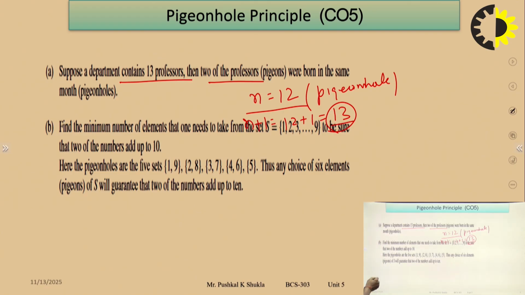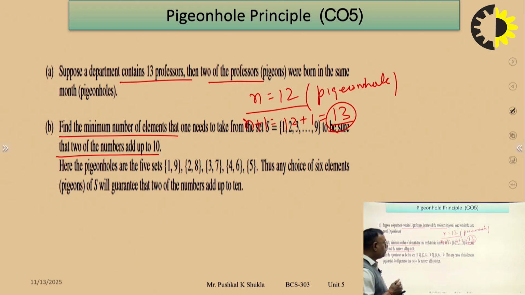Another example: find the minimum number of elements that one needs to take from the set S equal to 1, 2, 3 up to 9 to be sure that two of the numbers add up to 10. First of all, we have to find the pigeonholes.